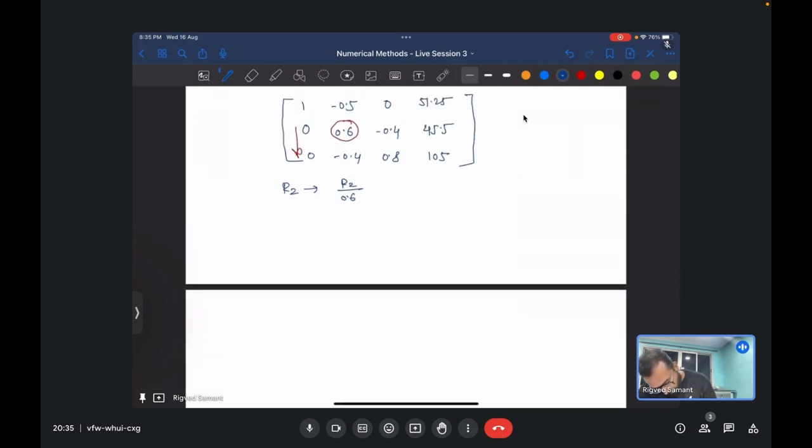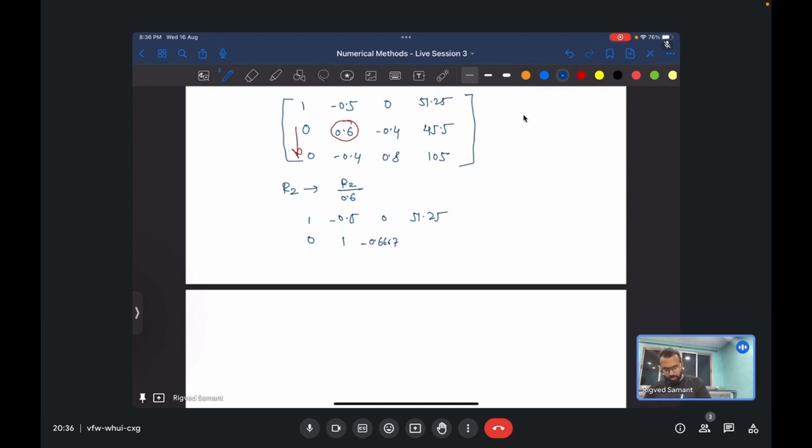So that would be 0, 1, minus 0.4 divided by 0.6, which is minus 0.6667, or 2 by 3.